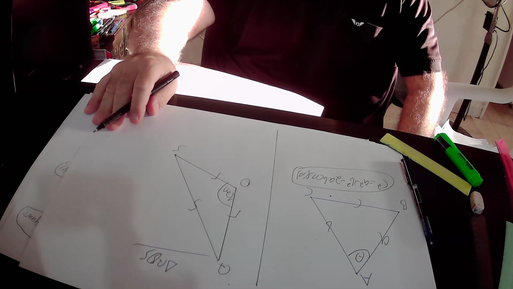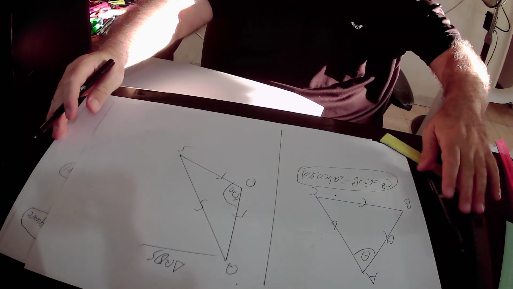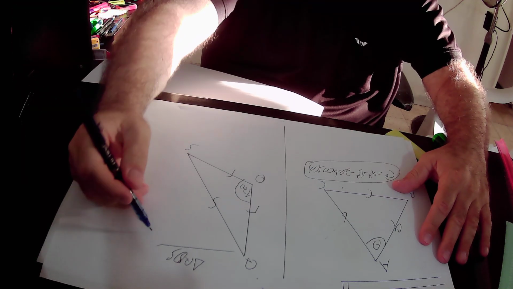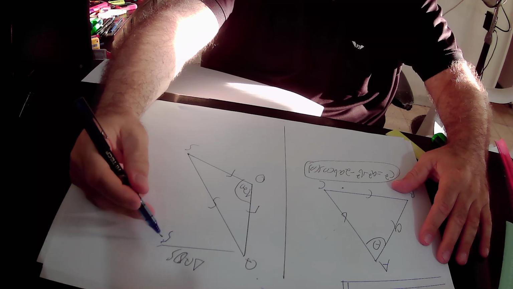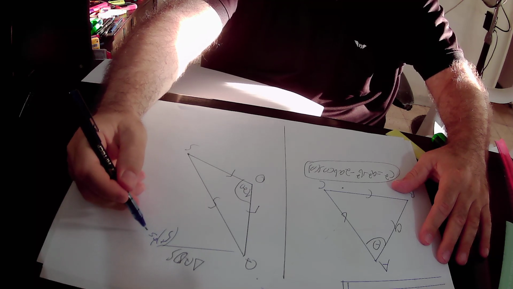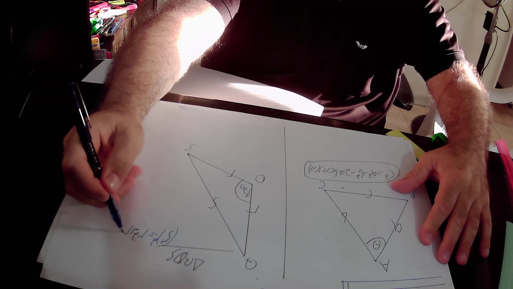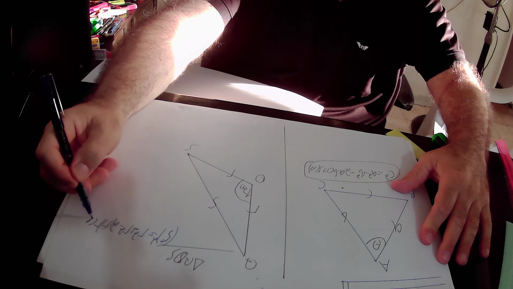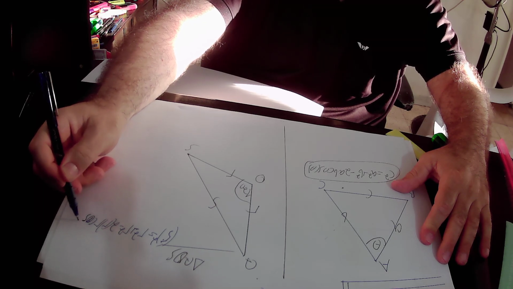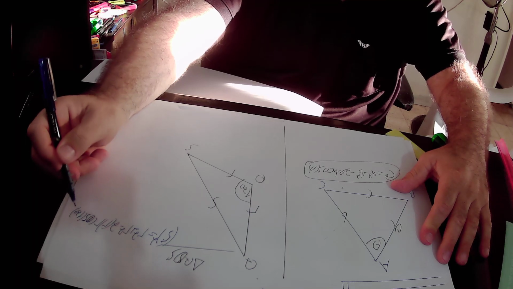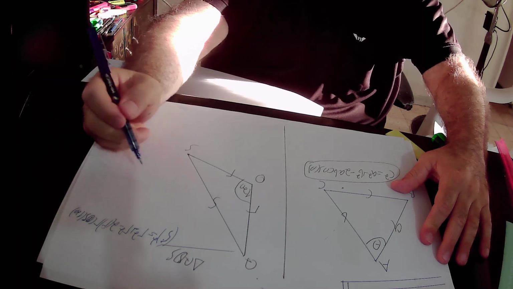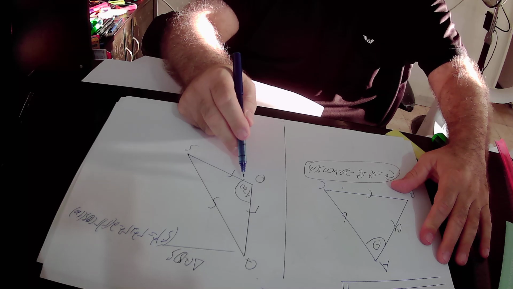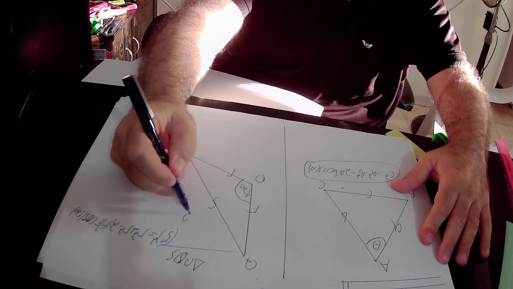According to the law of cosines, we get here that 5 squared equals r squared plus r squared minus 2 times r times r times cosine 120 degrees. 5 squared is 25.